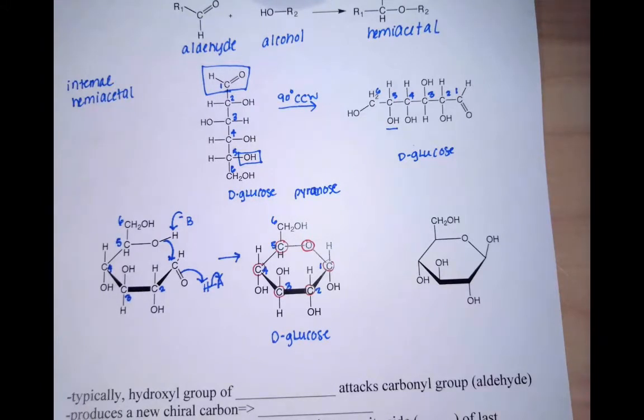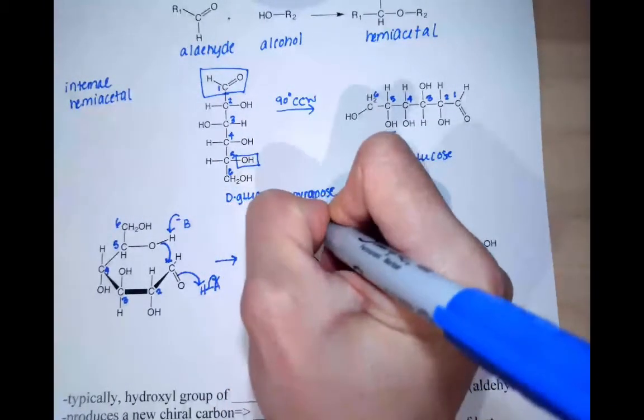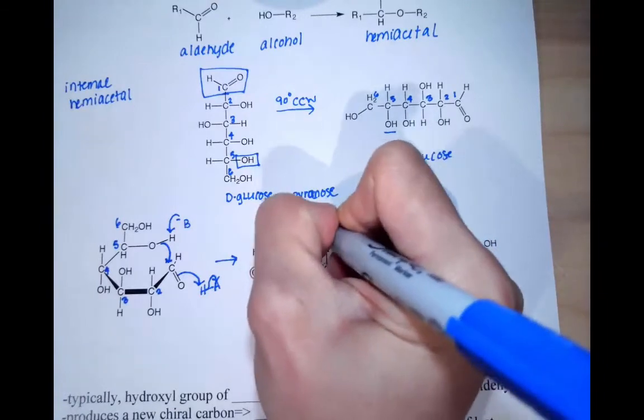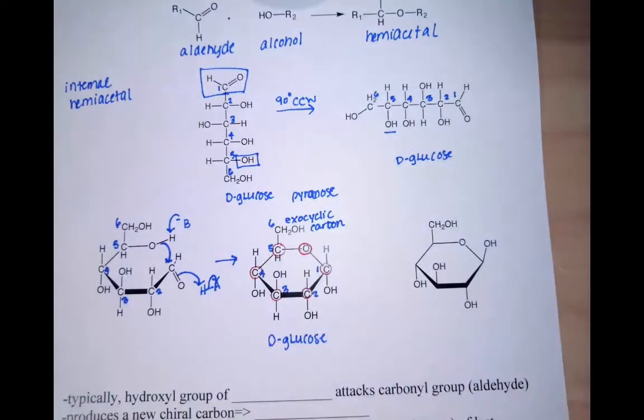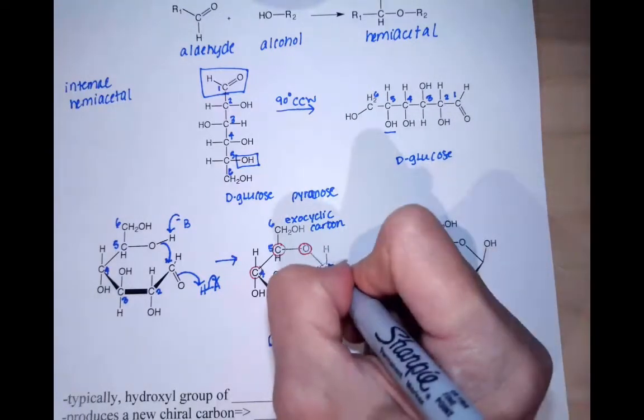So some important things about this cyclic sugar. First of all, the carbon that's outside of the ring, we call that an exocyclic carbon. And so in this case, this is carbon number 6. When we formed this ring structure, we actually created a new chirocarbon. And in this case, this is carbon number 1.